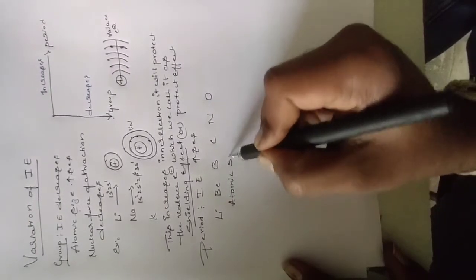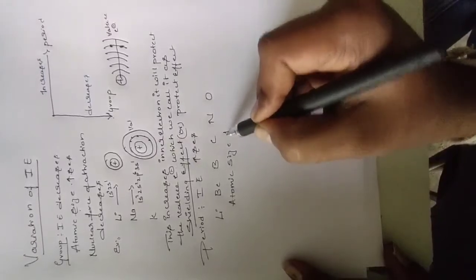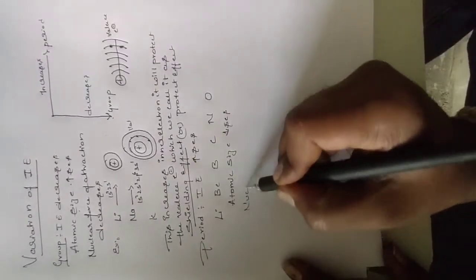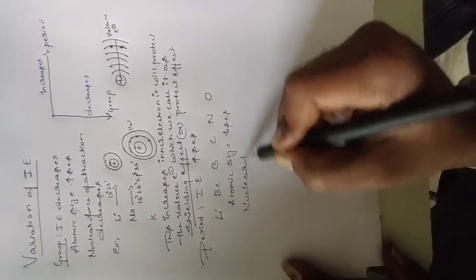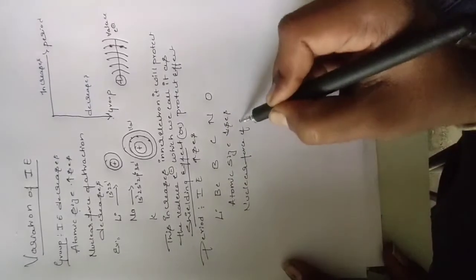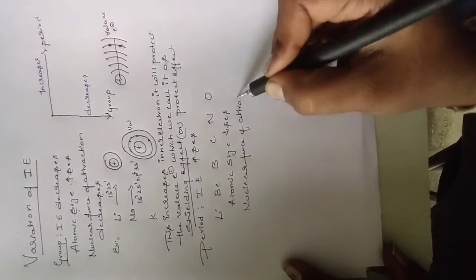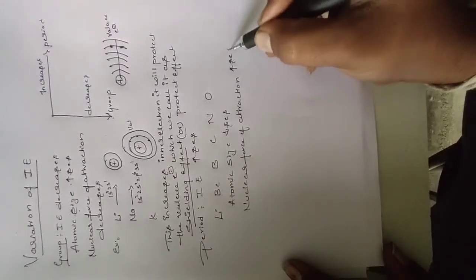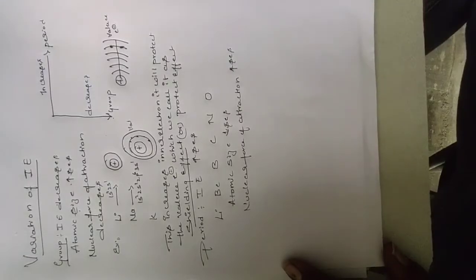Atomic size decreases, then the nuclear force of attraction increases. Okay, the atomic number increases, the nuclear charge increases, the atomic radius decreases, the electrons are closer to the nucleus.